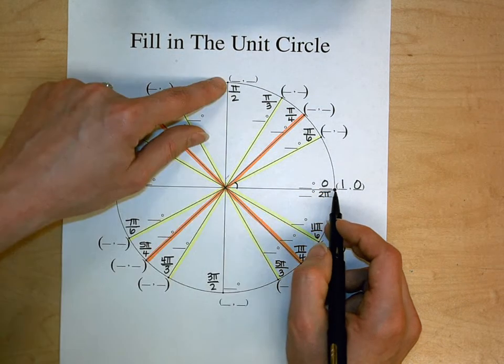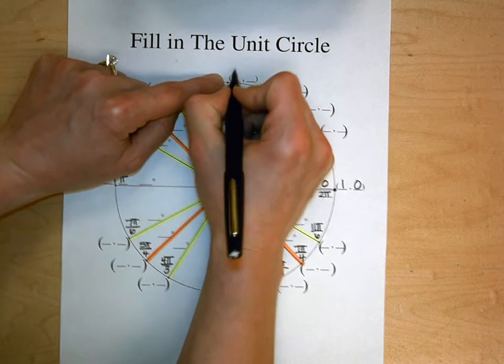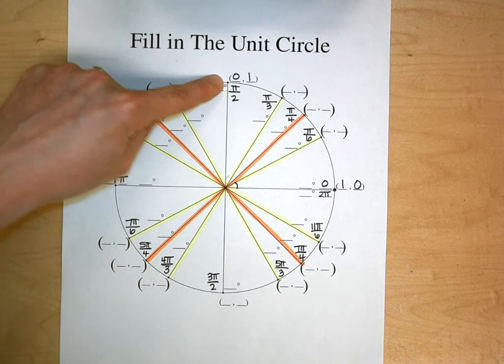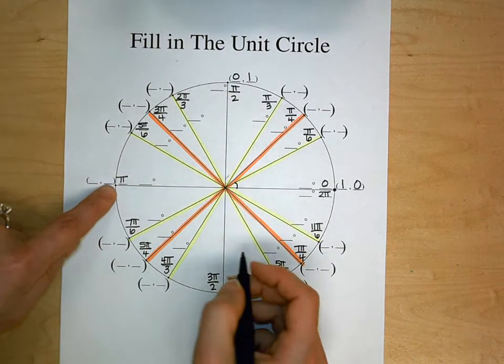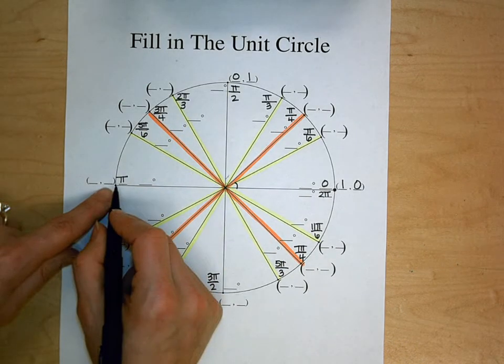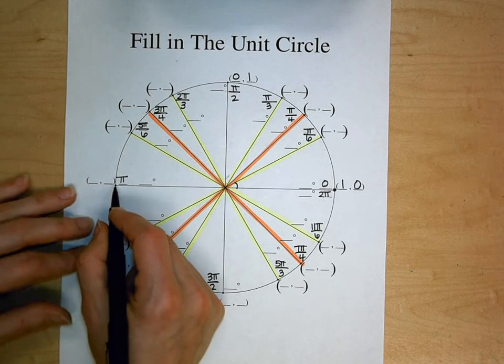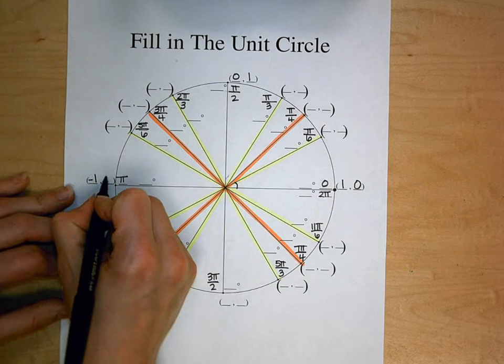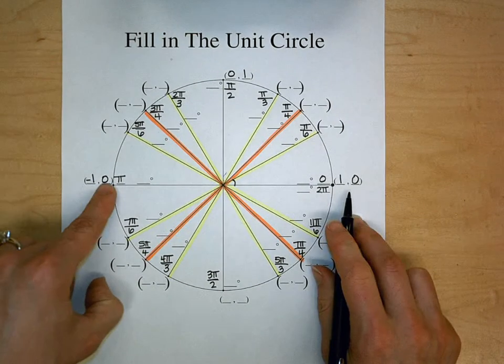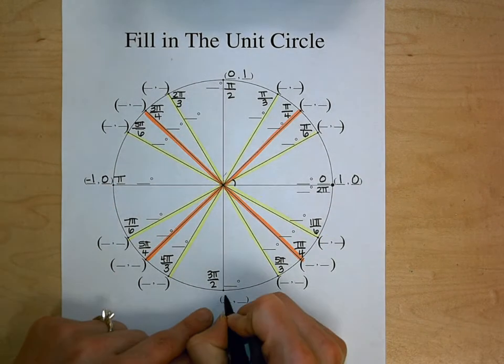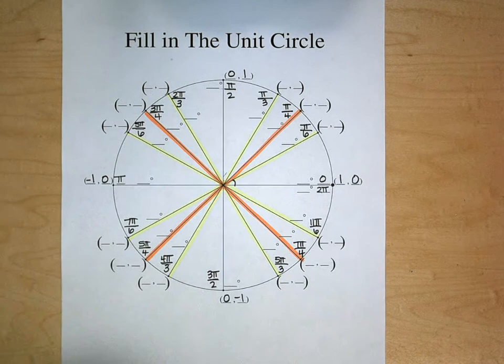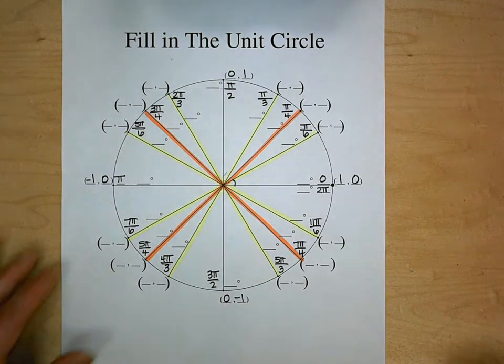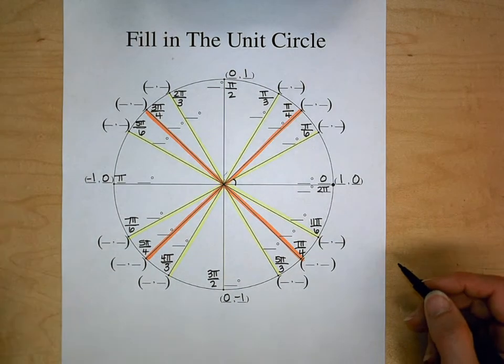Seeing this one right here, the x coordinate is 0, and the y coordinate is 1. If we come back over here, now we're on the negative side as far as the x-axis goes. So this would have an x coordinate of -1 and a y coordinate again of 0. And down here, same x coordinate, but now a negative y coordinate. Okay, so we figured out those 4 points, pretty straightforward.